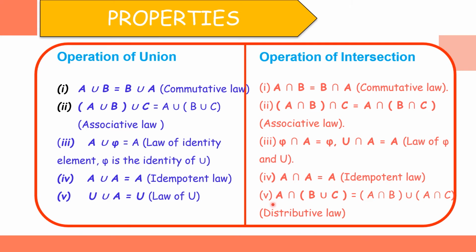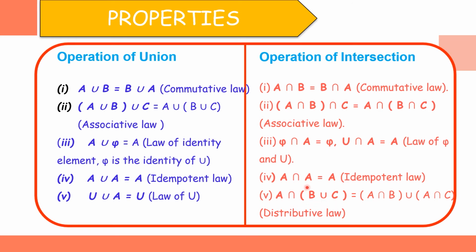Okay, and distributive law also holds good. This is common for both union and intersection. A intersection (B union C), I can just distribute this A over B union C: (A intersection B) union (A intersection C). Okay, so this is the distributive law. This also holds good. So whenever any kind of operation like this is given to you, you can distribute it and then find the answer. I think in the last class we saw this kind of question.